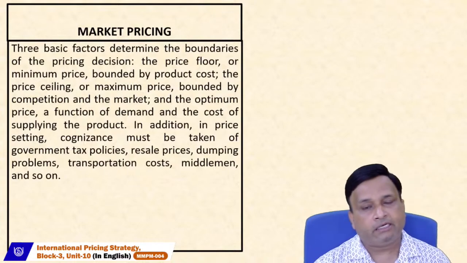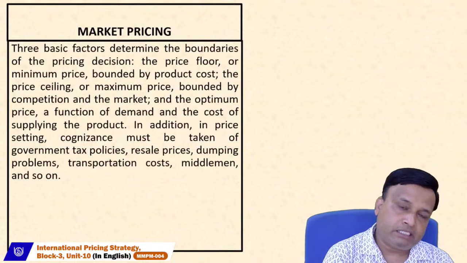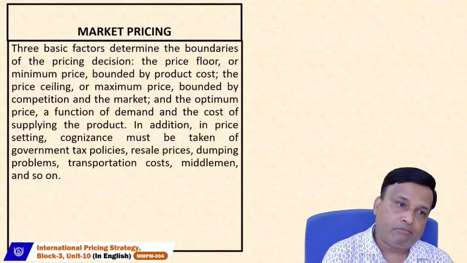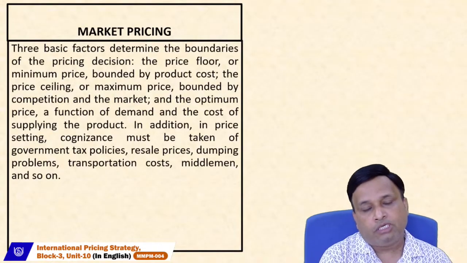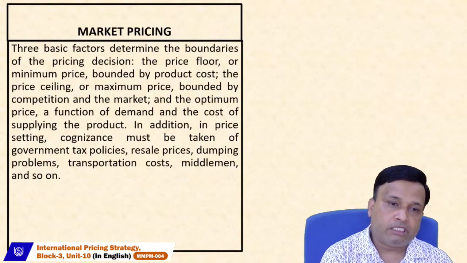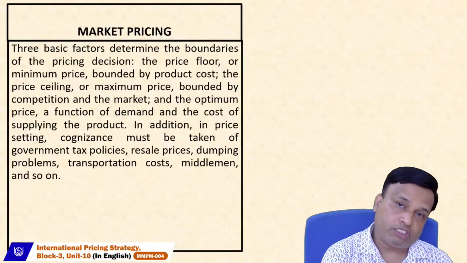Three basic factors determine the boundaries of the pricing decision: the price floor, the minimum price bounded by the product cost; the price ceiling, the maximum price bounded by the competition and the market; and the optimum price, a function of demand and the cost of supplying the product. In addition to price setting, cognizance must be taken of government tax policies.